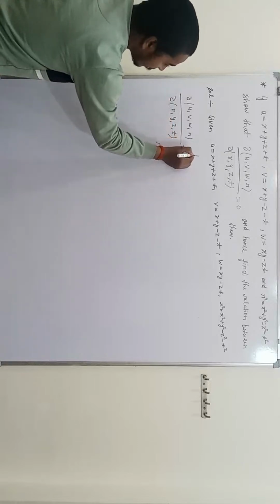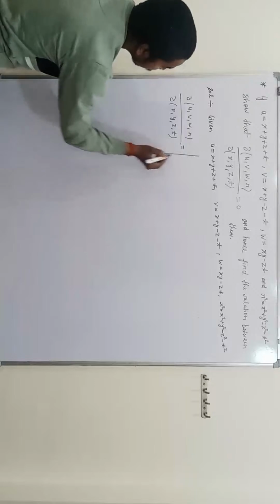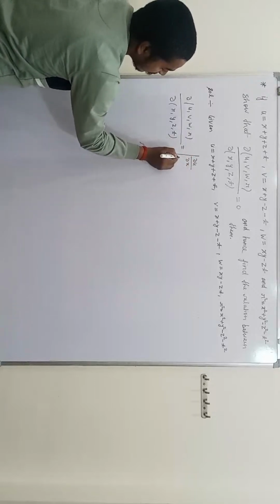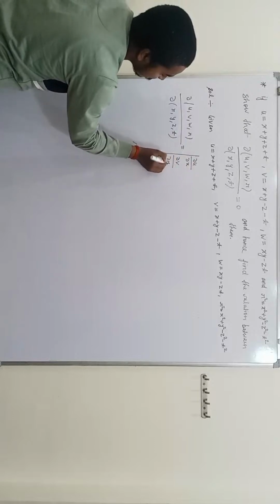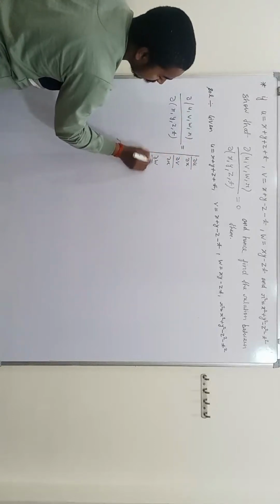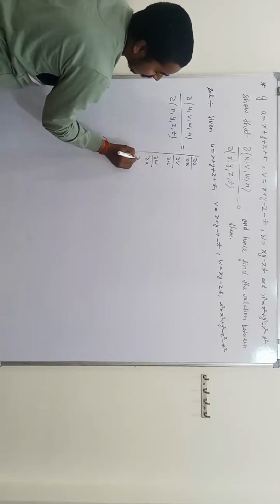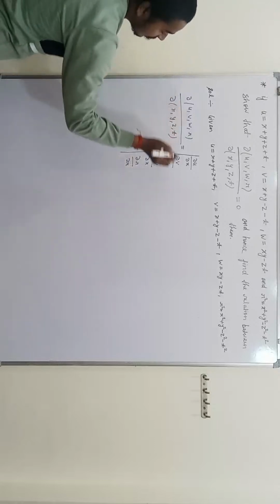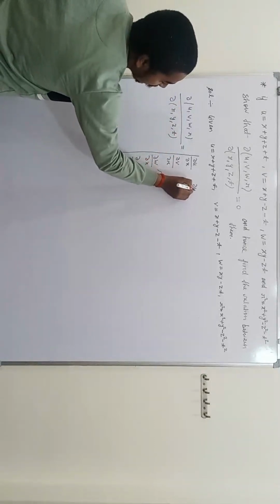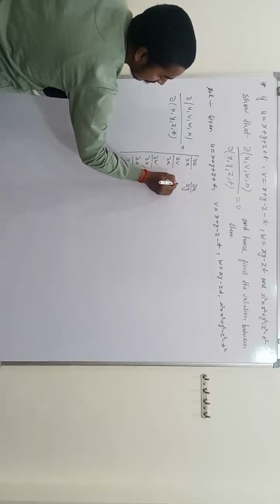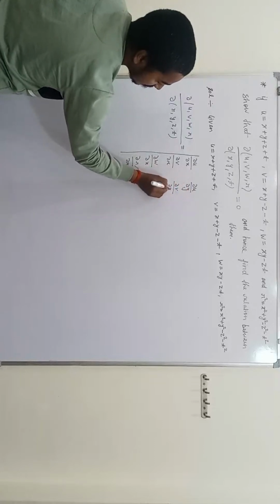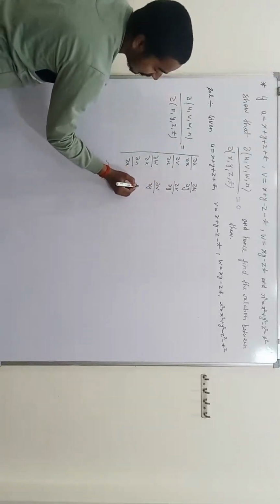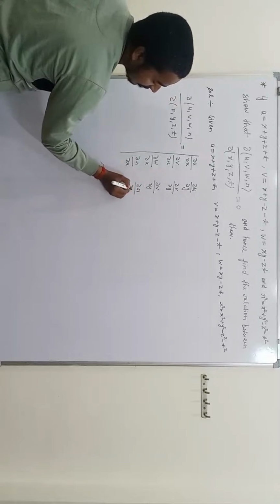It is given by the determinant. For x, that is del u upon del x, del v upon del x, del w upon del x and del r upon del x. For y, that is del u upon del y, del v upon del y, del w upon del y and del r upon del y.